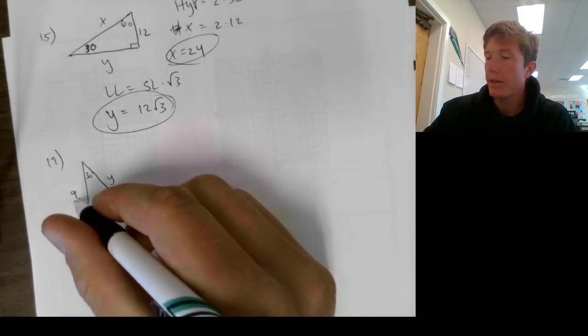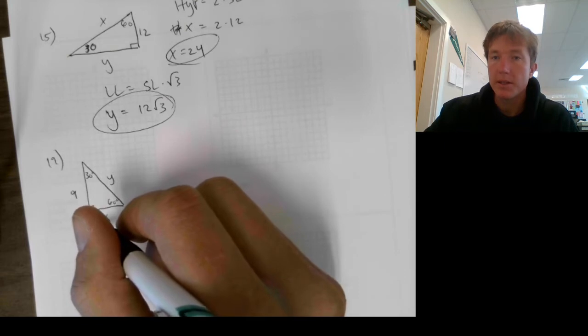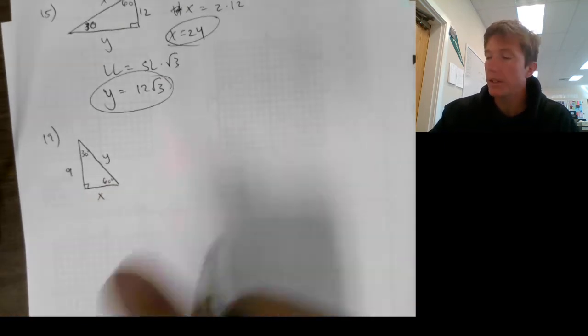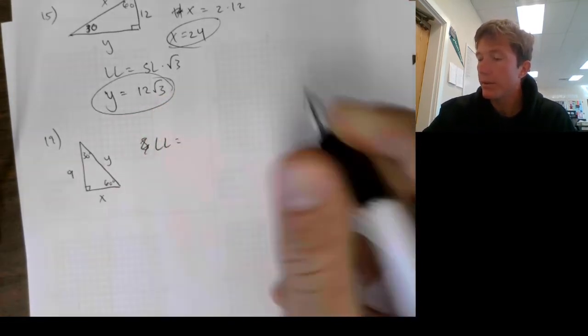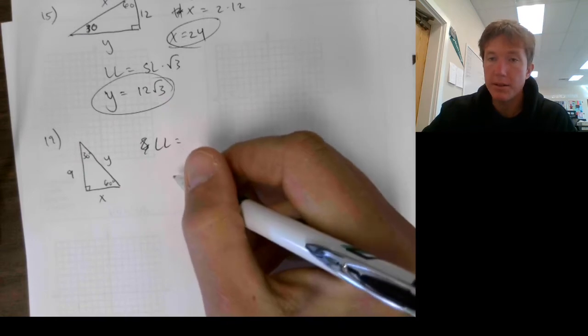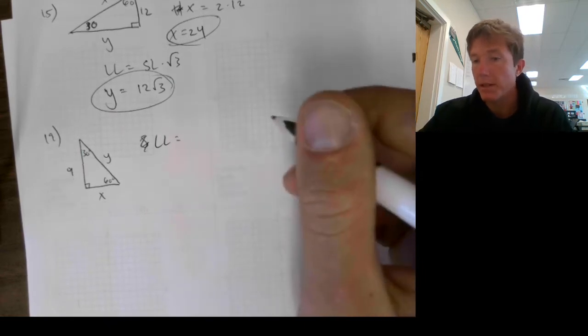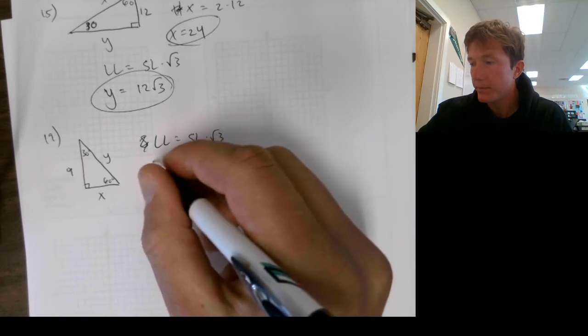Since I have my long leg, I'll start by solving for the short leg since there's a direct relationship between the long leg and the short leg. The easiest way to do these is just to write out the formula each time. It doesn't matter what your starting point is. It'll help, trust me. The long leg is equal to the short leg times root 3.